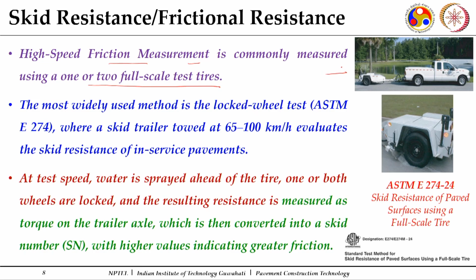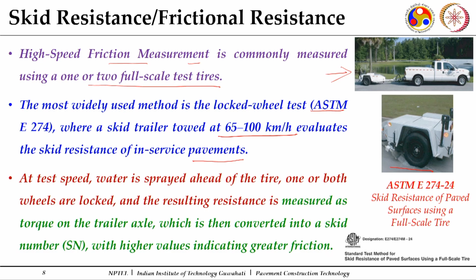This is the locked wheel test, as per ASTM guideline E274, where you have a skid trailer which is towed at a speed of around 64 to 96 kilometers per hour and evaluates the skid resistance in actual service conditions. So, it moves on the actual pavements in this speed range.